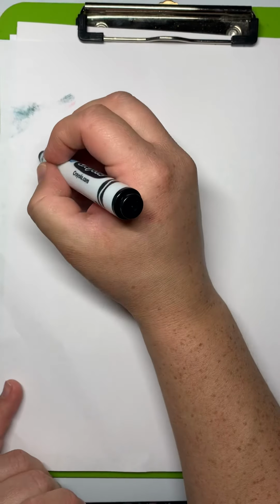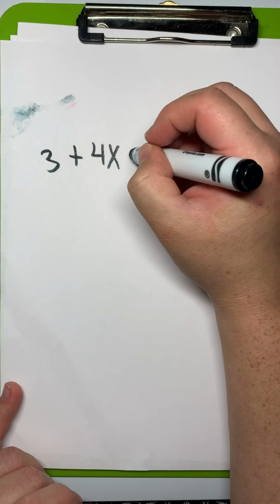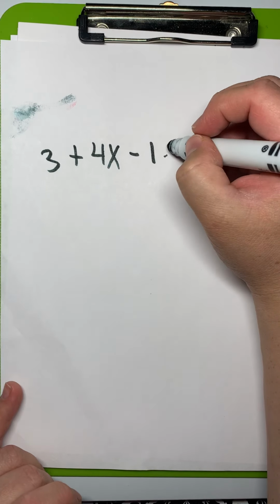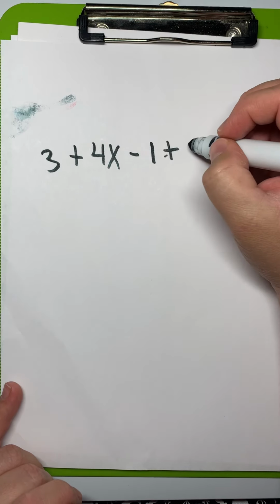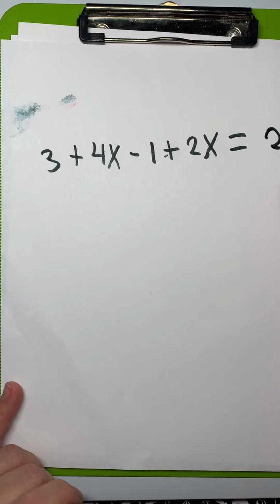Let's do another one that's still complicated. So now we're going to have 3 plus 4x minus 1 plus 2x equals 20.